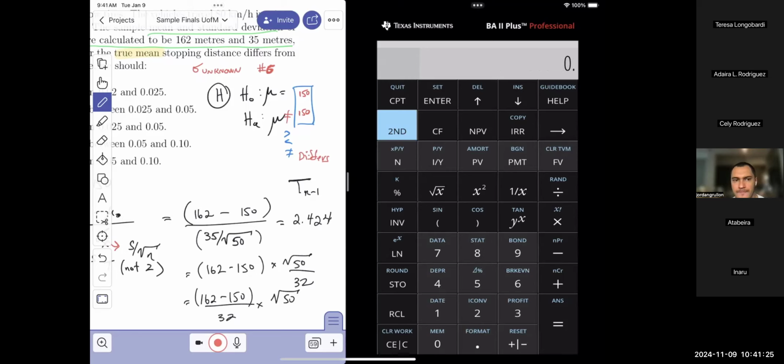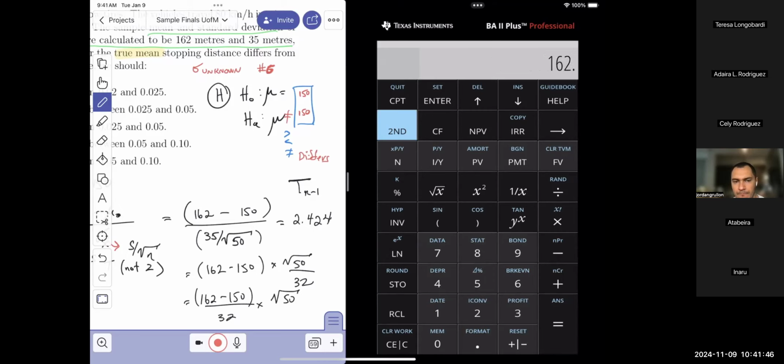Did I do it wrong? I'm going to double check. 162 minus 150, equals, divided by 35 times square root of 50, 2.42. Okay, why do I have a different answer than you ladies? I could have done it wrong.